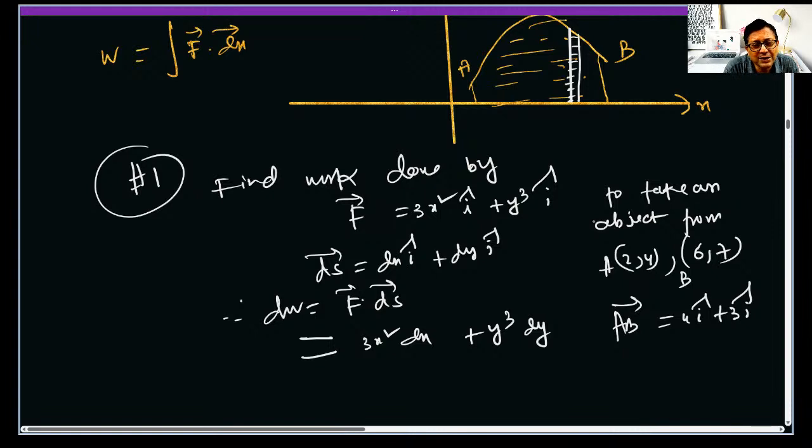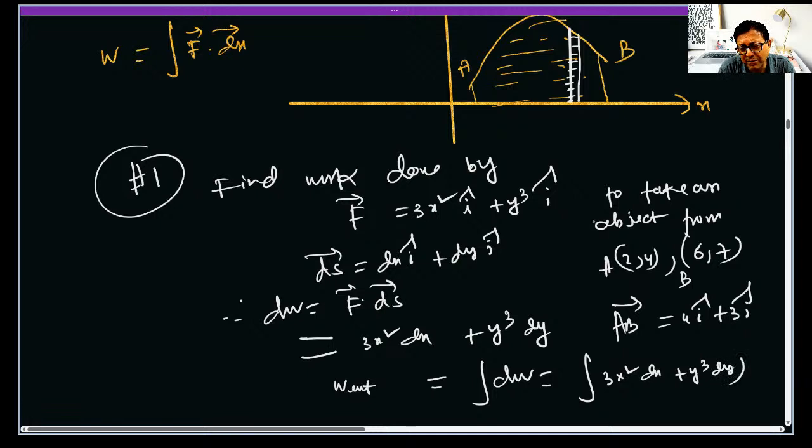Now work done by external agent will be integration of dW, integration of 3x square dx plus y cube dy. This is from what to where? (2, 4) to (6, 7). You can write this way: 2 to 6, x coordinate change; 4 to 7, y coordinate change.